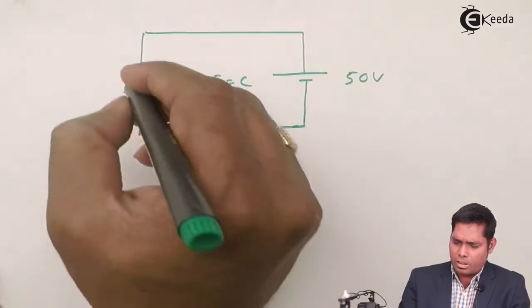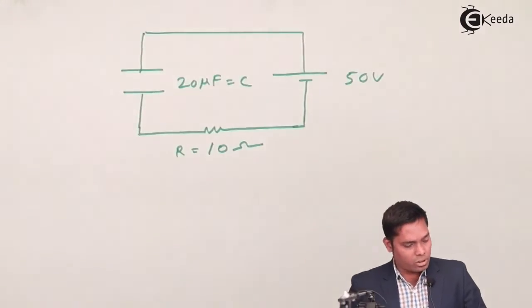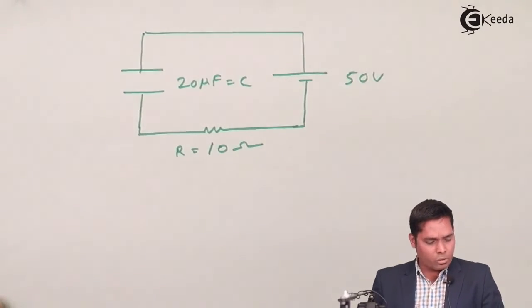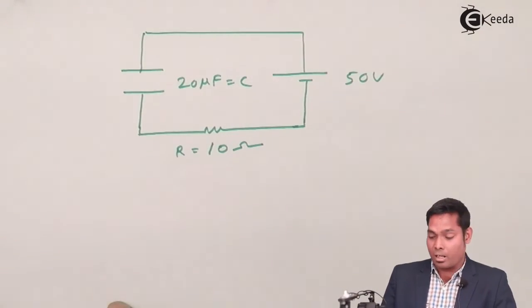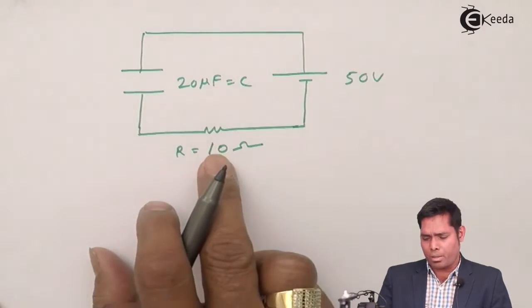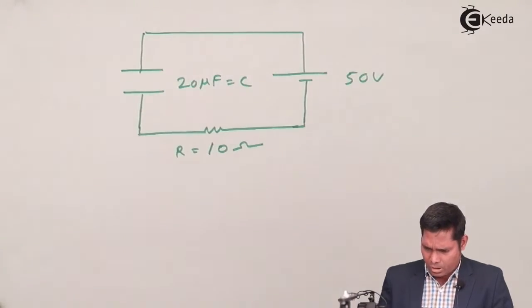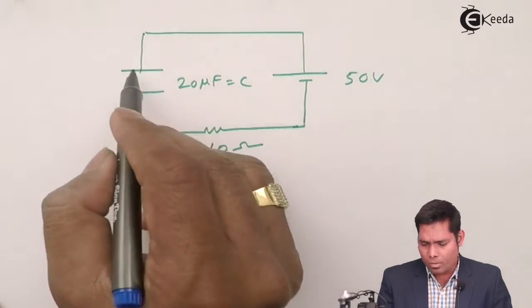In this situation, this is the D point and it is connected to that, and what will happen? The question is: immediately after A is connected to D, the current in R is 10 ampere. To find the current in this branch, let us first see what the situation was.